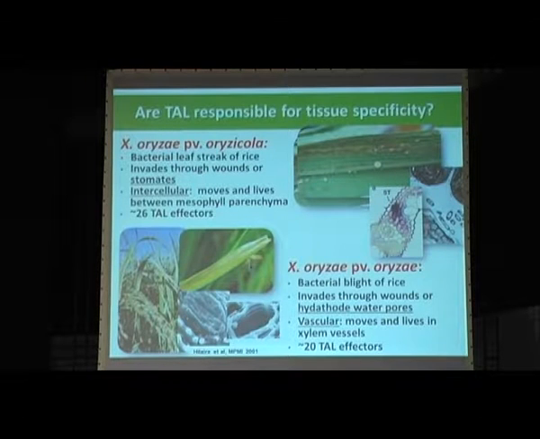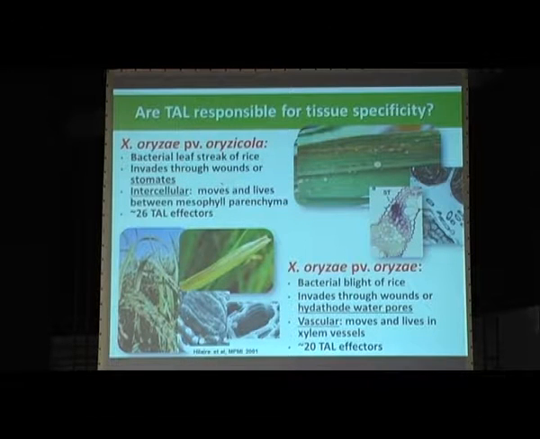So I'm going to give you a little bit of the biology lessons that we learned using this strain before we come around to its use as a tool. One of the big questions is why does Xanthomonas oryzicola colonize the intercellular spaces, between the mesophyll cells of a rice plant, and it enters through the stomates?